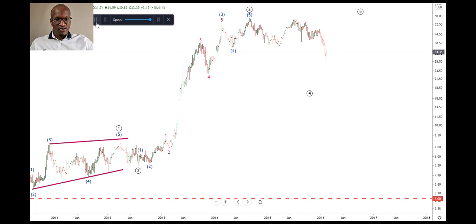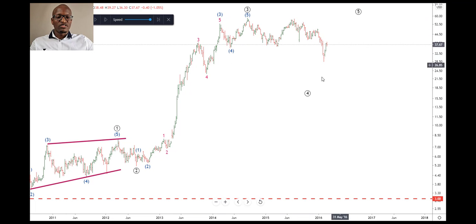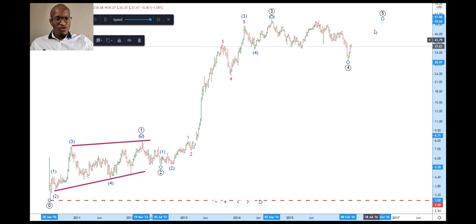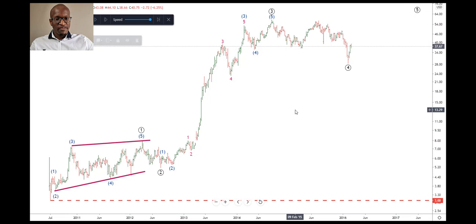And then we have our crash, then we start to pull up. So here at this juncture, I can label this as wave 4 before we proceed to build wave 5.